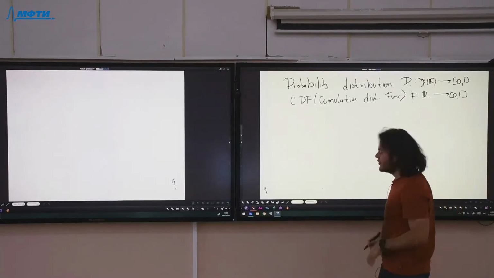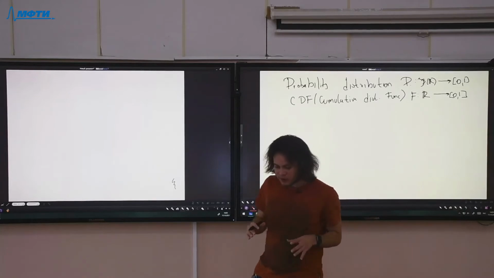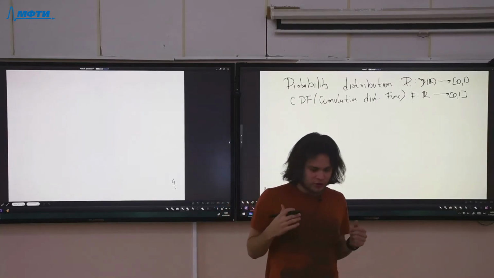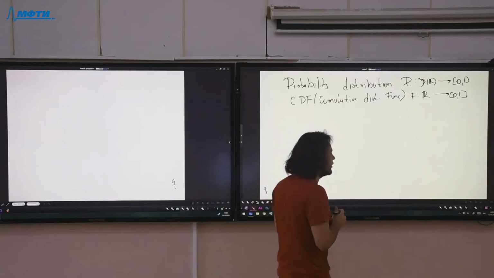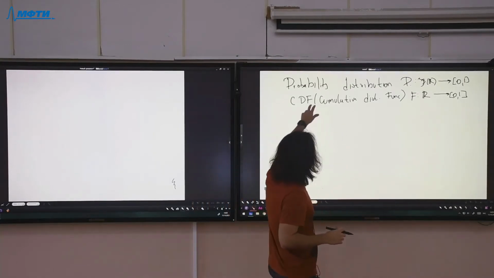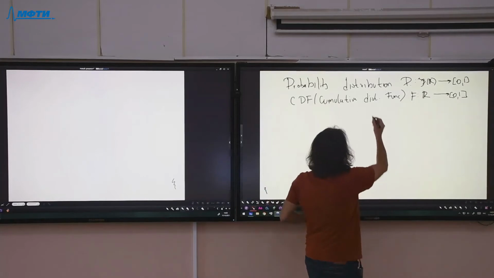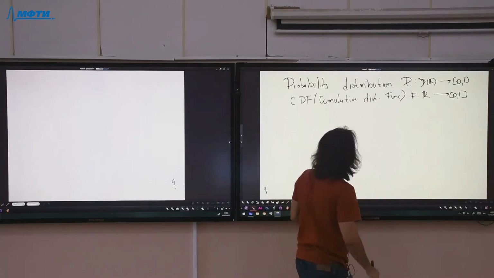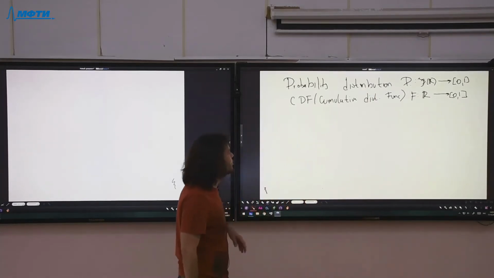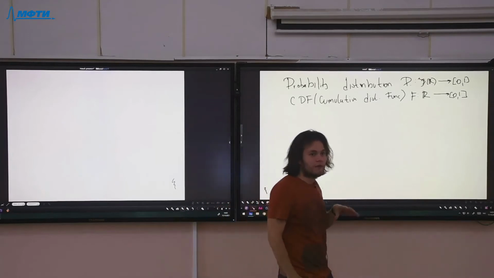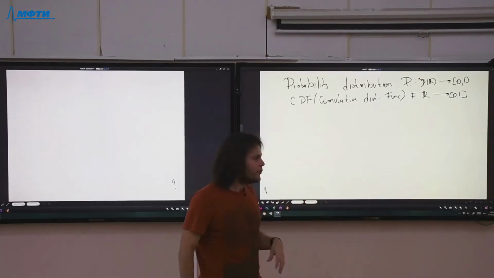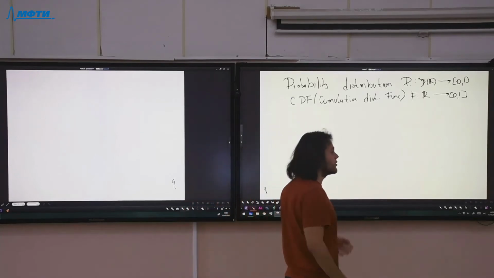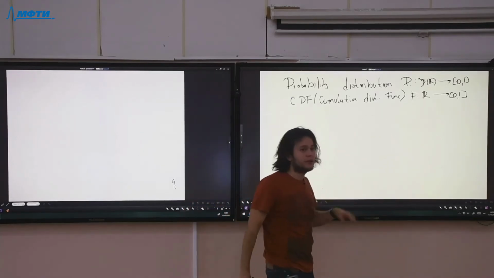And I told you that we need things to be more understandable for us. We are not going to work with the probability distribution. We are going to work with the CDF, the cumulative distribution function, because this is a function defined on the real numbers. So this is something that we can work with, because you already had calculus and so on. So we can find some integrals and so on here, okay?